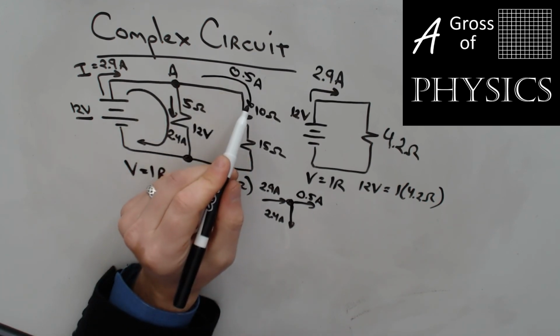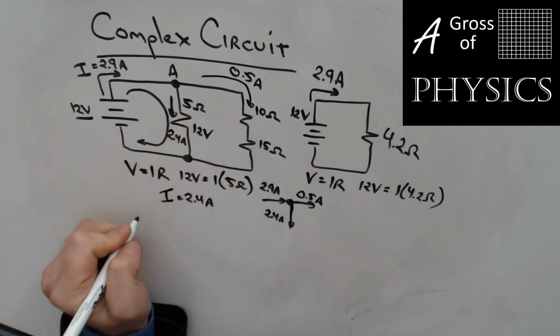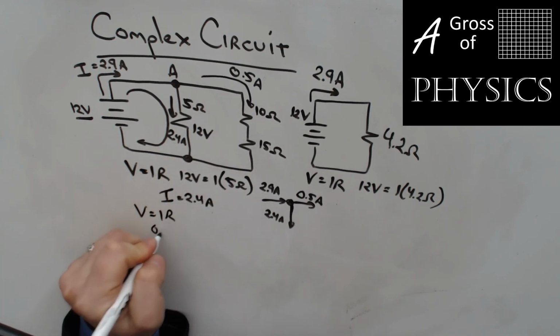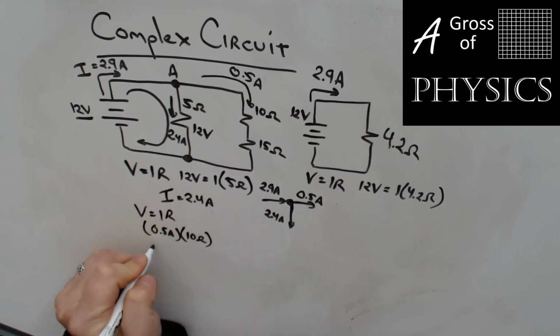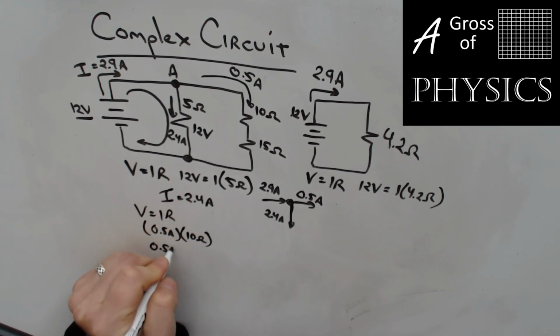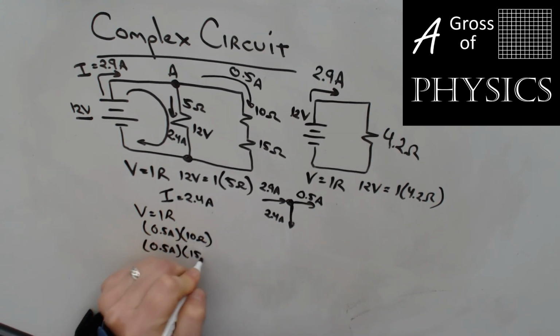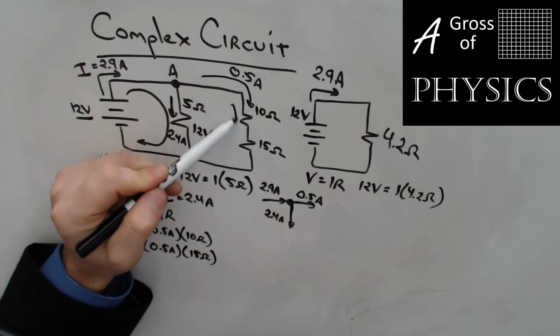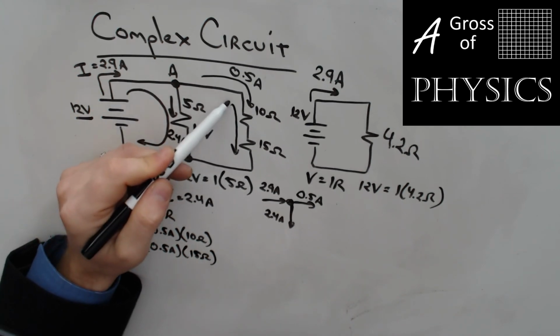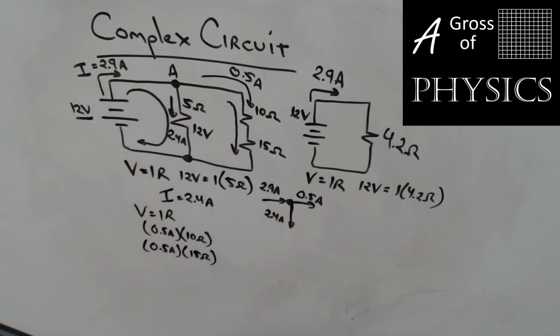Now, if I know the current and I know the resistance, I could do V equals IR again: 0.5 amps times 10 ohms, and 0.5 amps times 15 ohms. Now, why do they each get 0.5? Well, they're in series, so they all have the same value for the current.